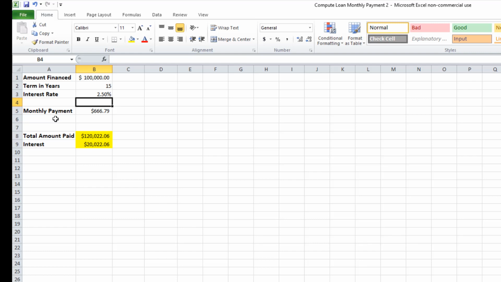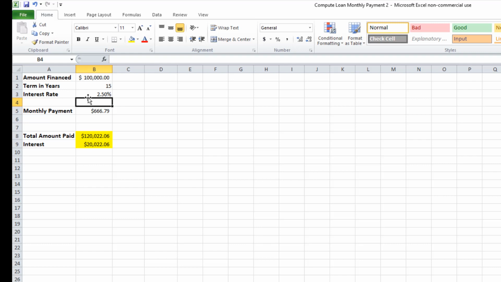So your monthly payment would be $666.79. The total amount you pay after the 15 years, assuming everything is constant, is $120,022.06, and the total interest paid on this transaction is $20,022.06.